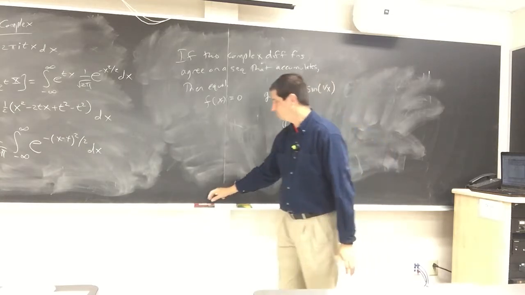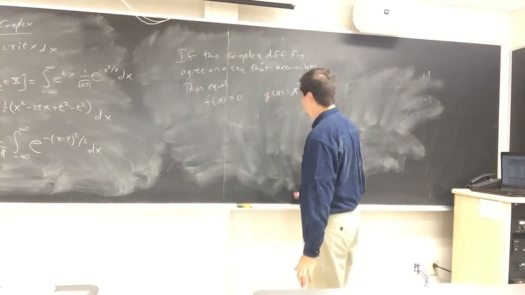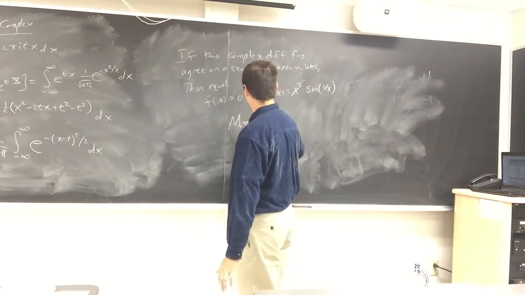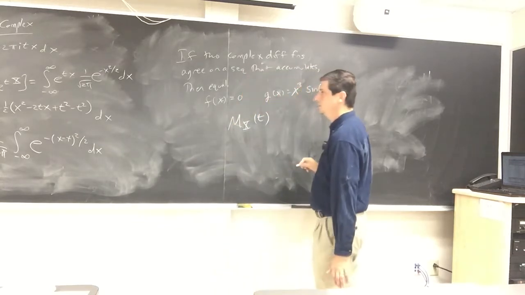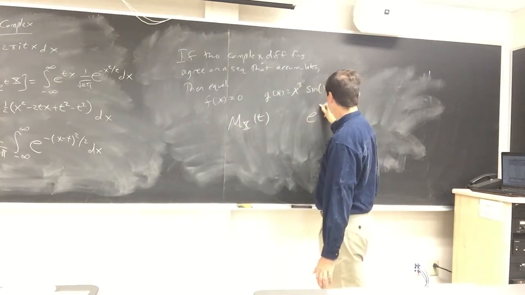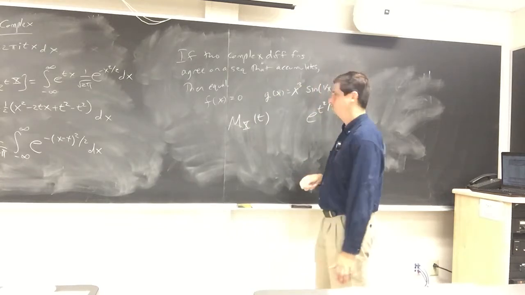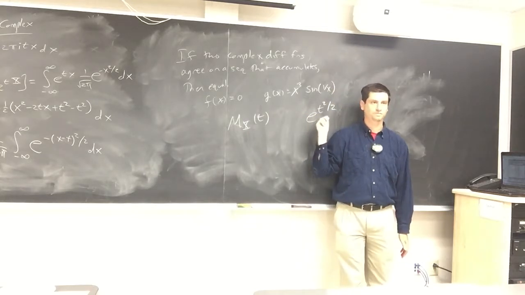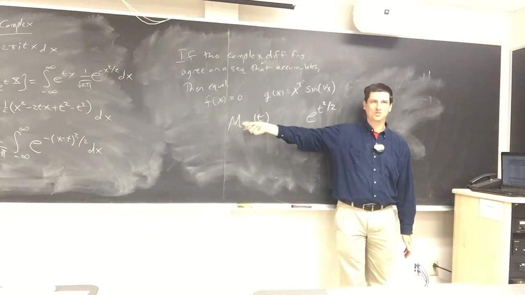Why is this useful? Well, let's consider the function M_X(t), and let's consider the function e to the t squared over 2. Do these two functions agree whenever t is real? Isn't that what we just showed?